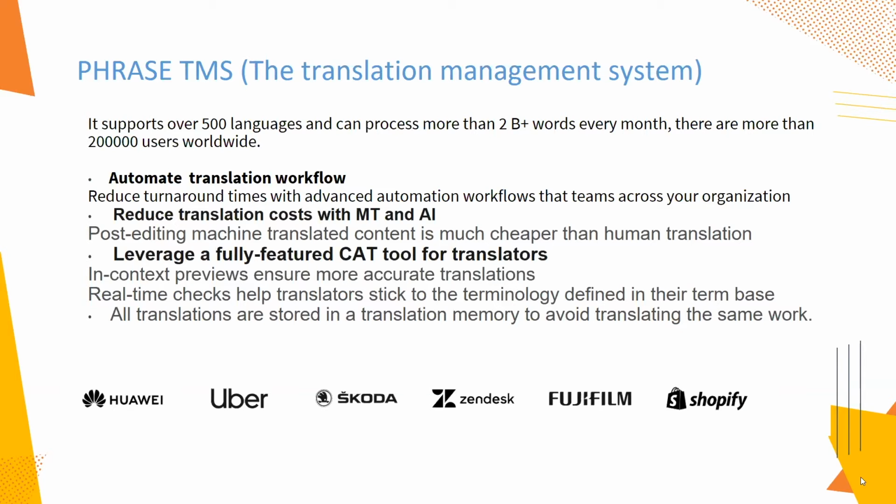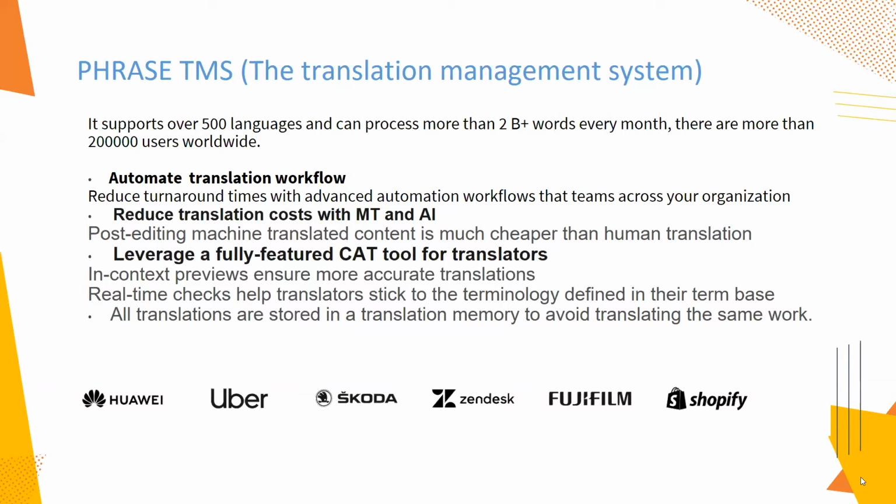For example, the translation workflow is automatic. It can reduce turnaround time with advanced automation workflows, and it can reduce translation costs. Post-editing of machine-translated content will be much cheaper than human translation output.